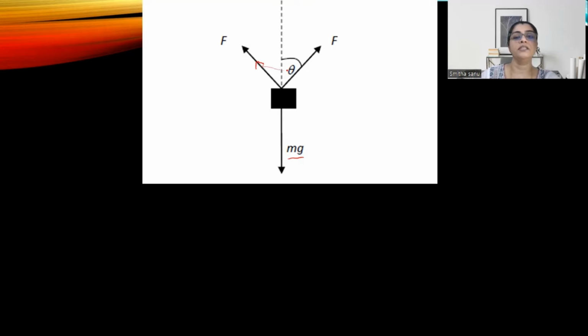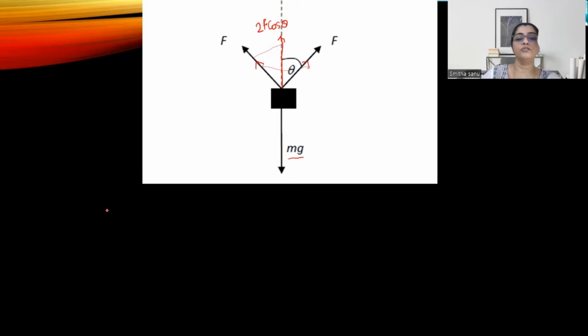And you can see, since it is at an angle theta with respect to the vertical axis, each of the two forces will have a cos theta component along this line. There will be two of those, one for the left side and one for the right side. So the resultant will be 2F cos theta. So can I tell that 2F cos theta is balancing mg if the system is not moving?